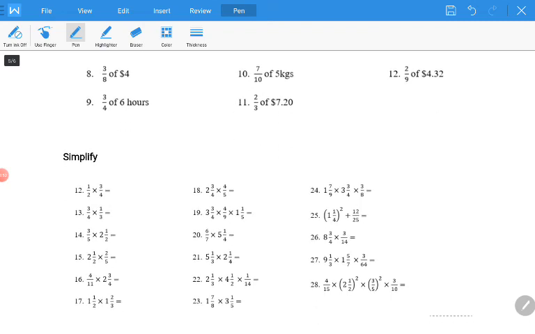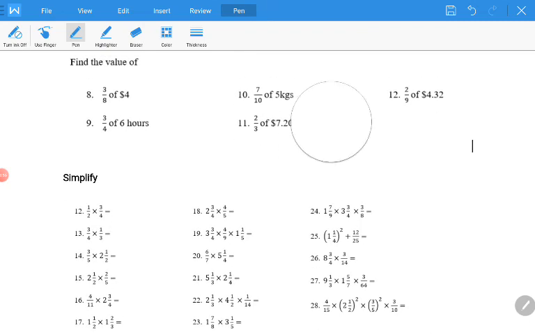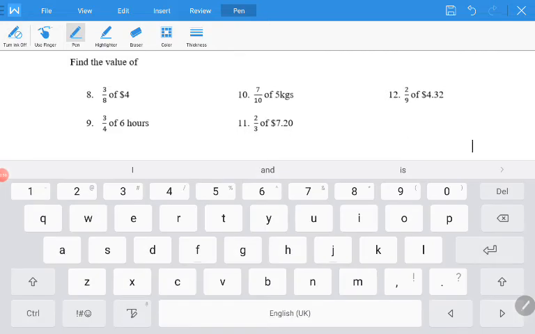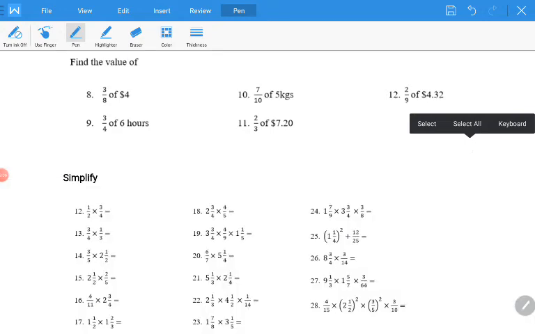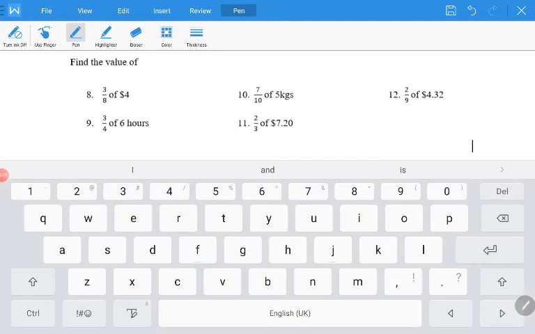So using the same technique, we can work out the following exercise. Here I'll just do question 12 as an example.